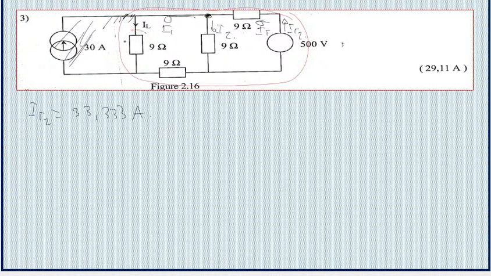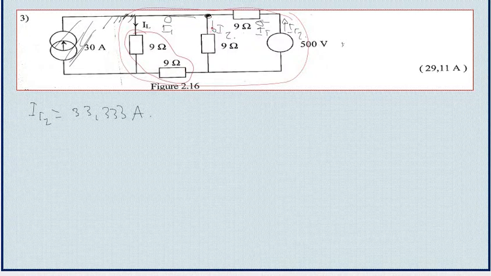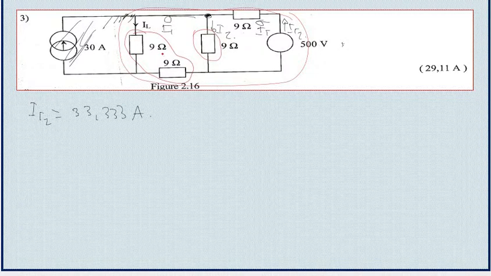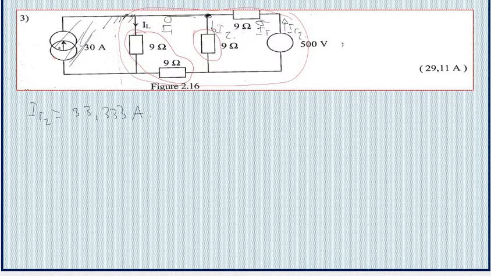We have said that these resistances are in series since they are carried by the same current, and these two are in parallel. So these two resistors are in parallel. We are not considering this part.